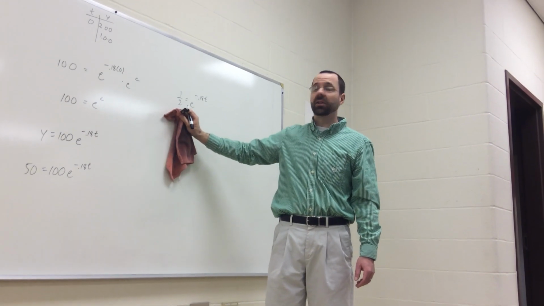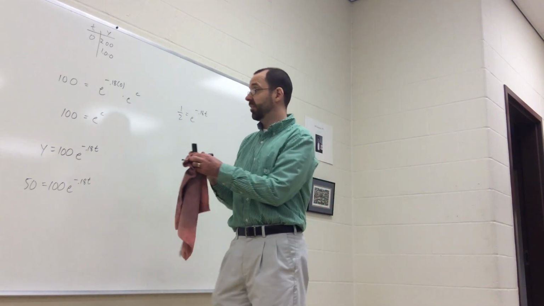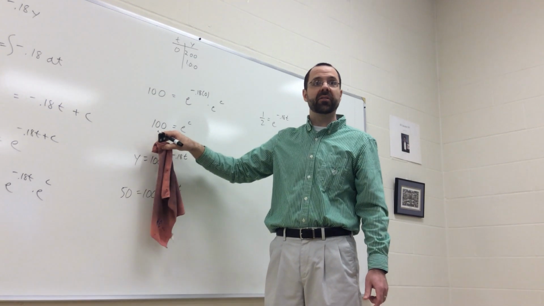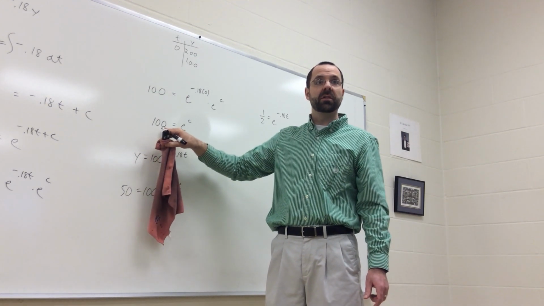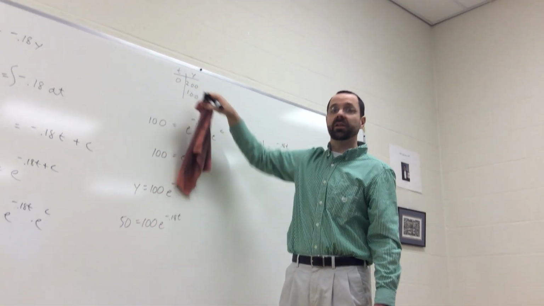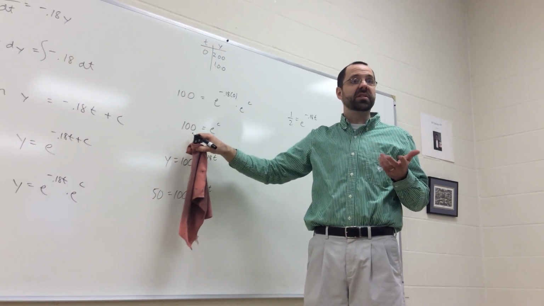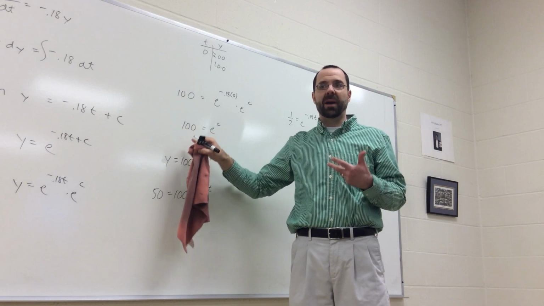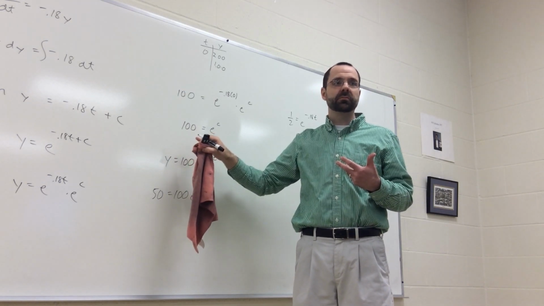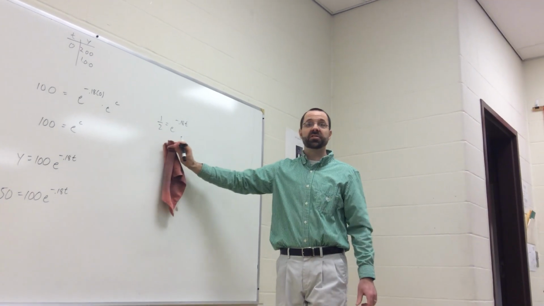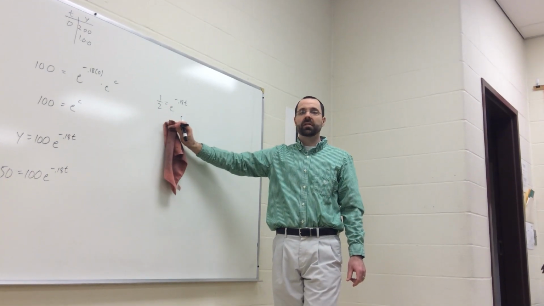The other thing I want to point out is e to the c is the starting amount. So if I had put a 200 here, the e to the c would have come out to 200. So on problems like this, the e to the c is always going to be the starting amount. All right, so anyway, I got to finish this out, right? Because I still don't know what my half-life is.